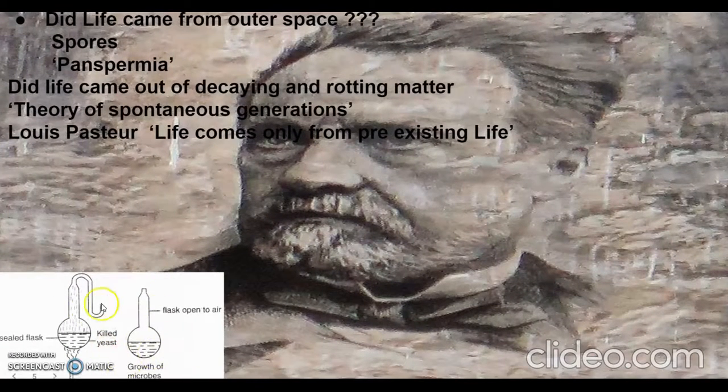Here you can see the flask open to air where there is growth of microbes, and in the other flask the killed yeast. Spontaneous generation theory was dismissed once and for all. However, this did not answer how the first life came on Earth.